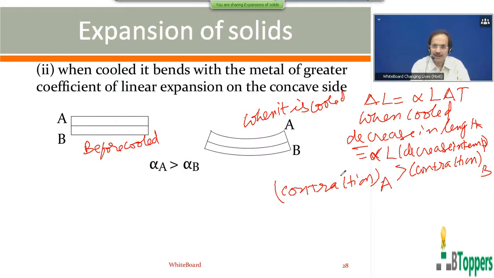The greater the contraction, the smaller the final length of rod A when it is cooled, so it becomes smaller than the final length of rod B.